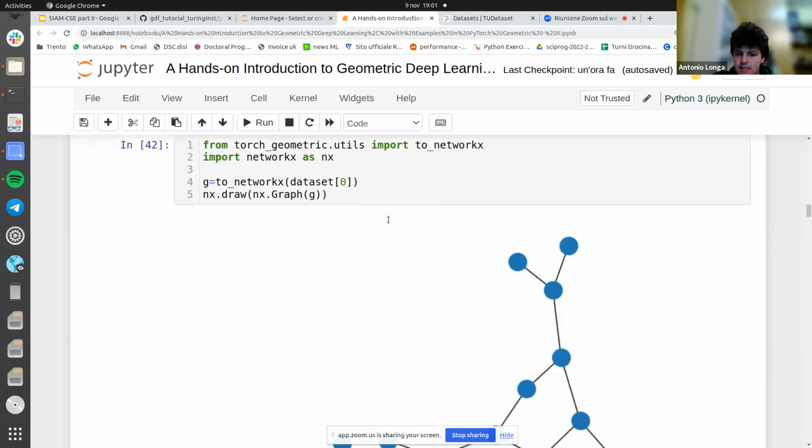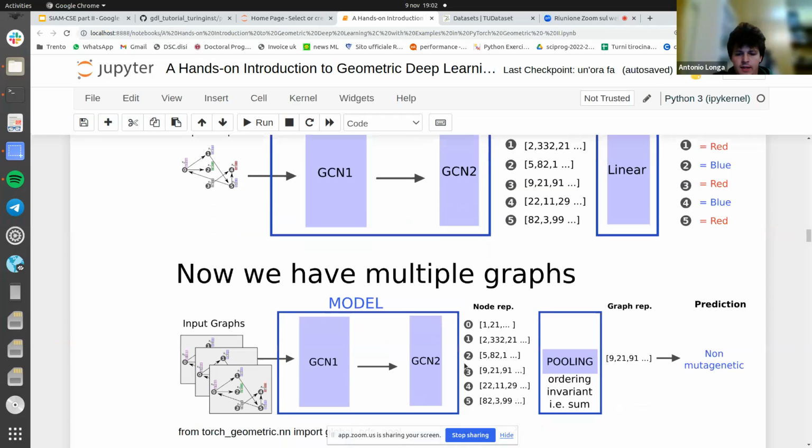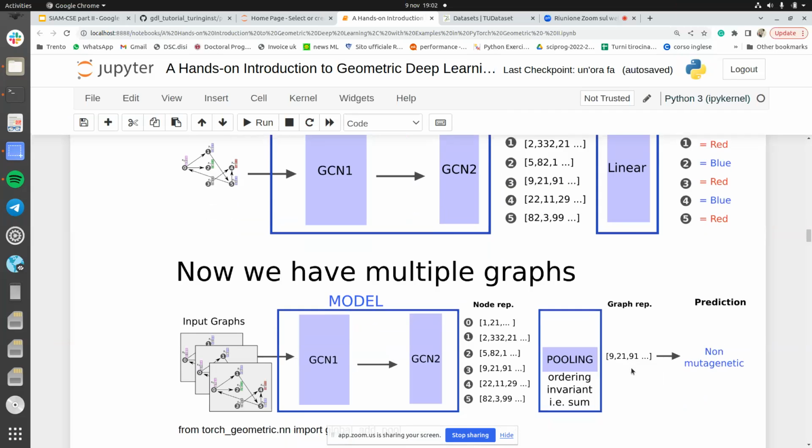So it means that node 0 has been projected in some sense in a space with 50 dimensions. And then with this pooling operation, you compress all the node representations into a unique point in the space, of course in the same space. Yeah, thank you. Okay, cool.